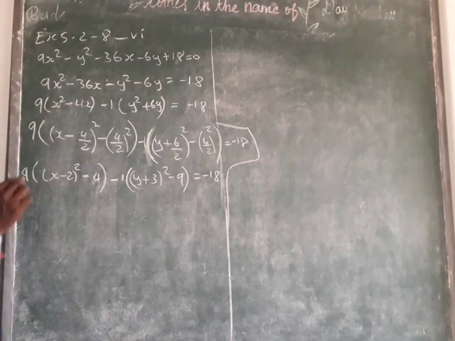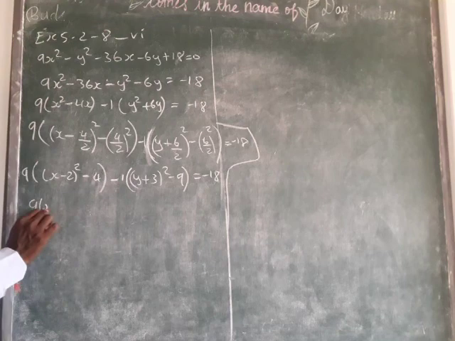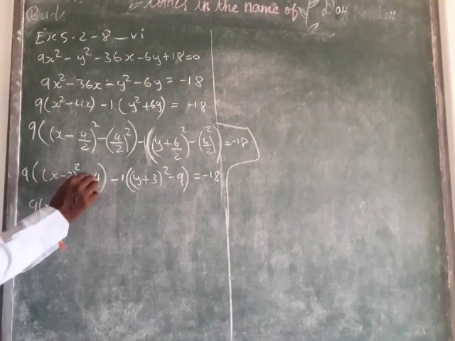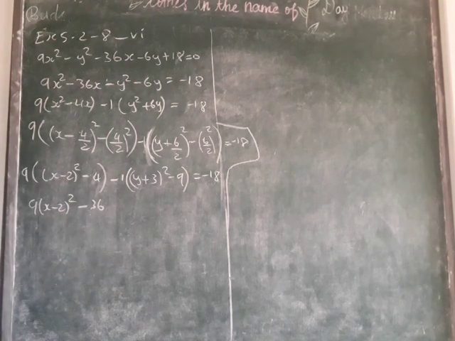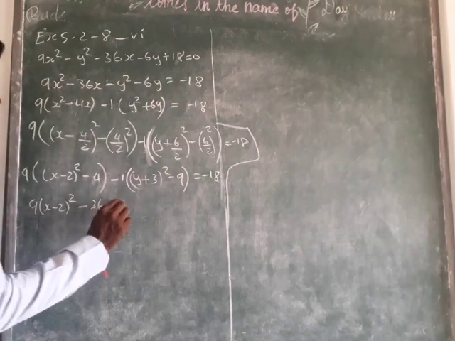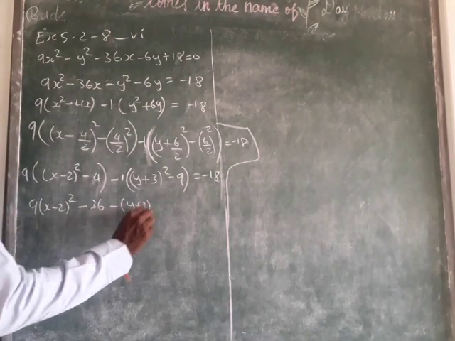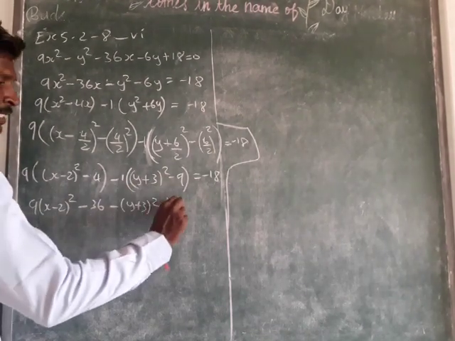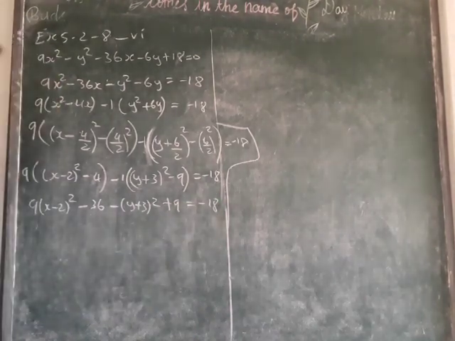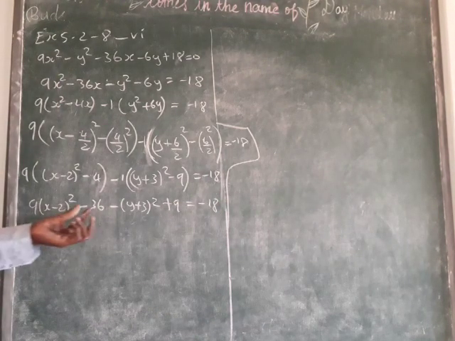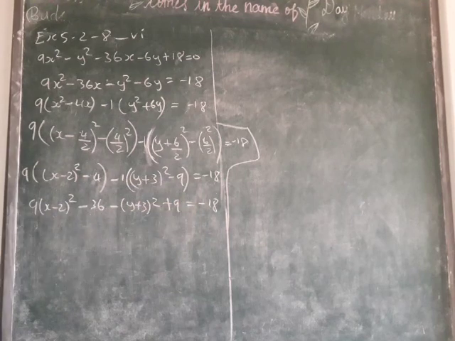Now multiply the 9 inside: 9 into x minus 2 the whole square, minus 36. When you multiply minus into y plus 3 the whole square and minus 9, minus into minus gives plus 9, equal to minus 18. Now bring all the constants to the other side.